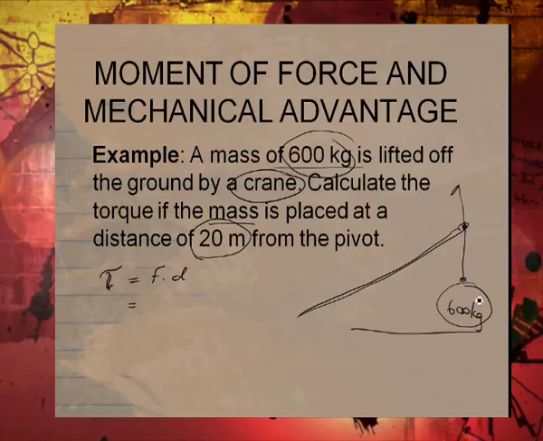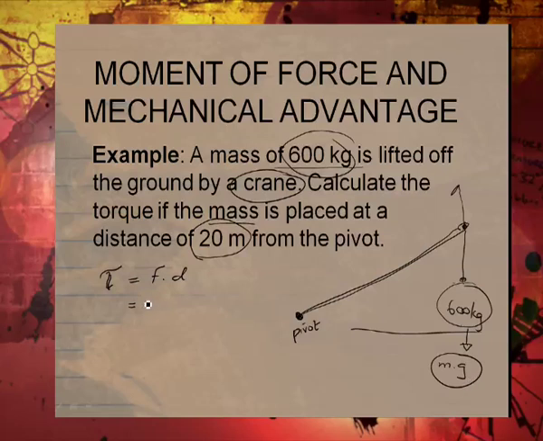Now, when that happens, the force that is to be overcome for this thing to go up, and this is the turning point, this is the fulcrum, pivot, should be equal to the weight of the object, the force of gravity, which is given by mass times gravitational acceleration.